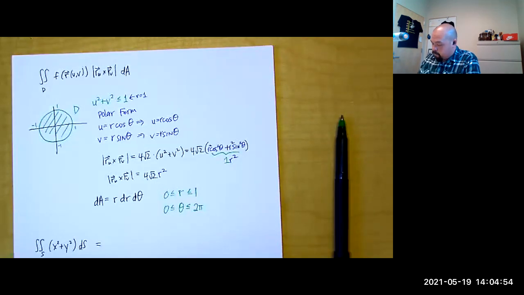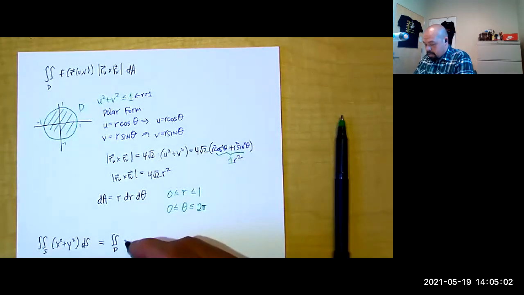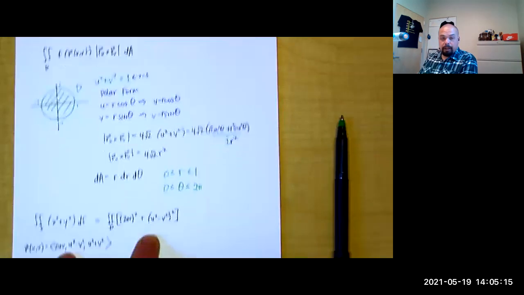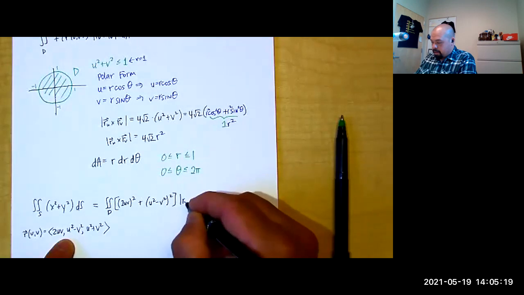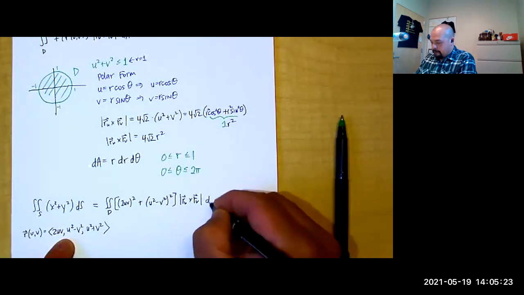It becomes this integral over the region D, of x, u squared plus v squared, plus our y, u squared minus v squared, squared. So there's my function in terms of u and v. We'll do the cross product here for a second, dA.